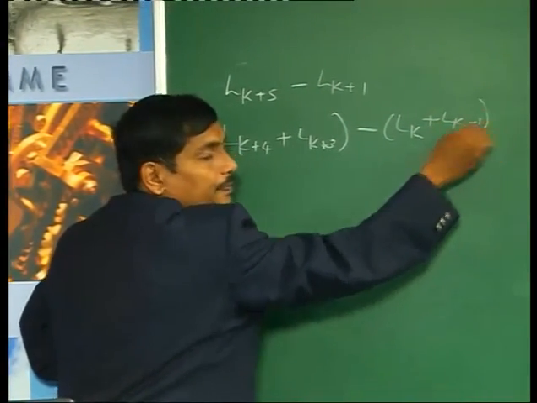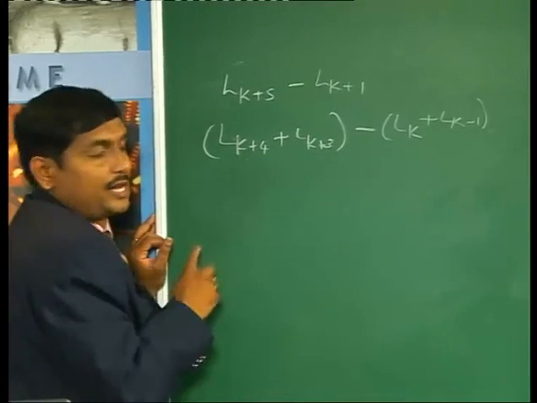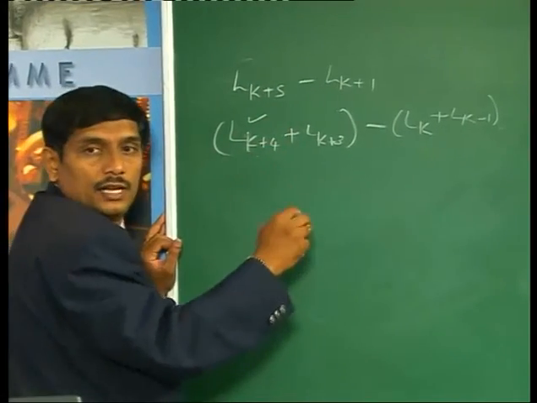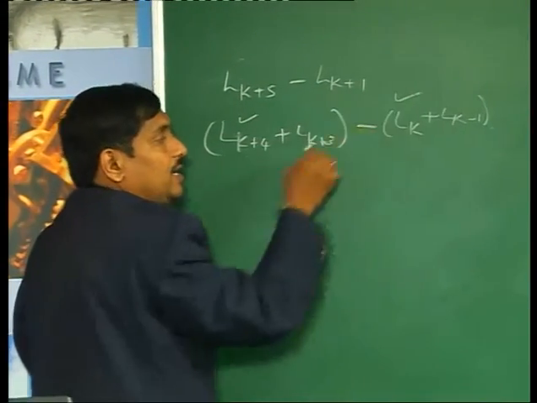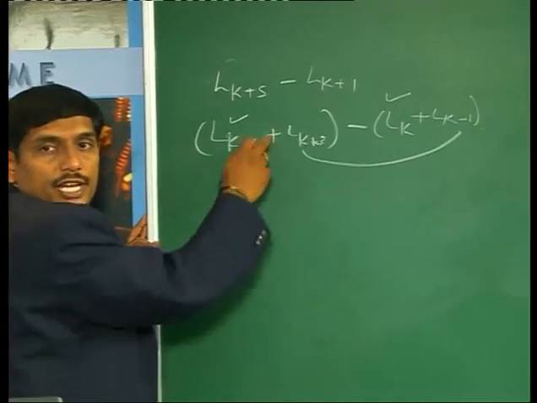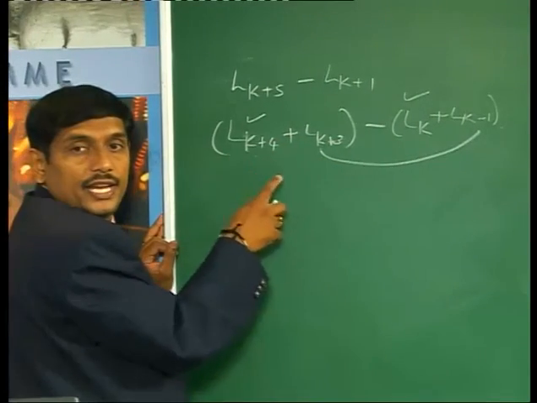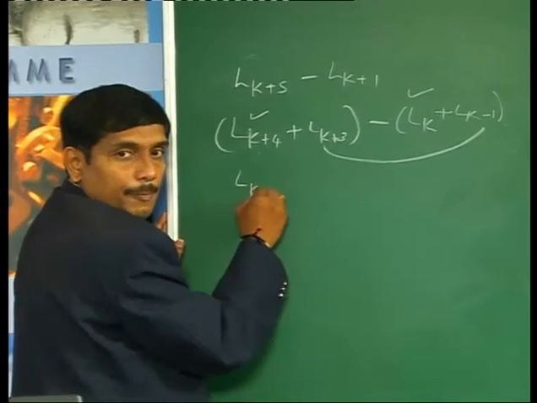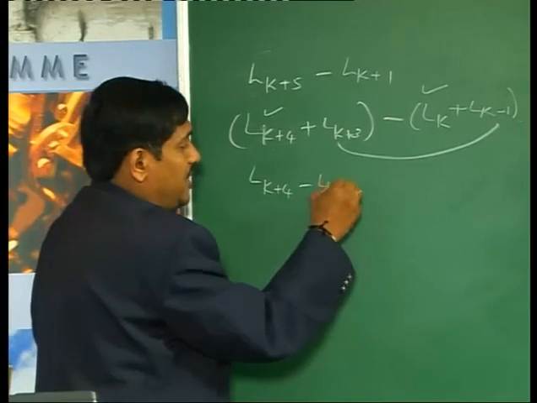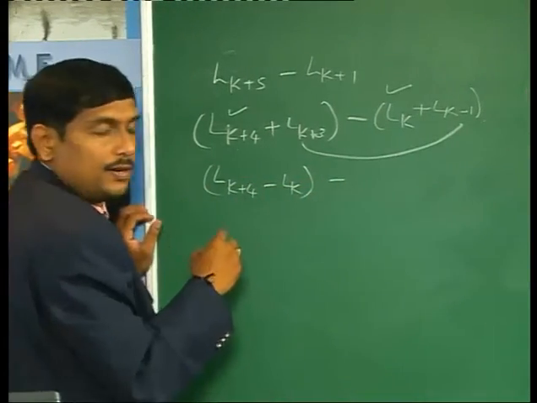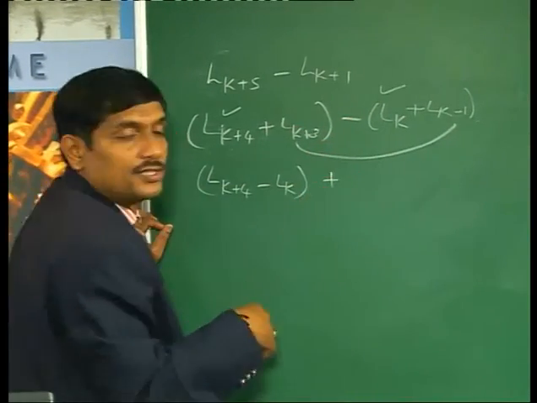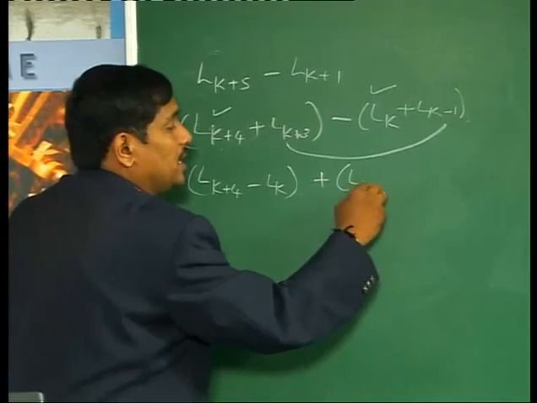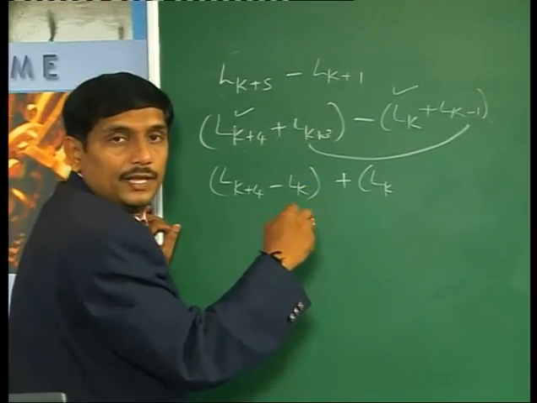Using this, the induction, these two combinations we can use, and we get L of k plus 4 minus L of k, sorry, minus into minus is plus here, then L of k plus 3 will be there.